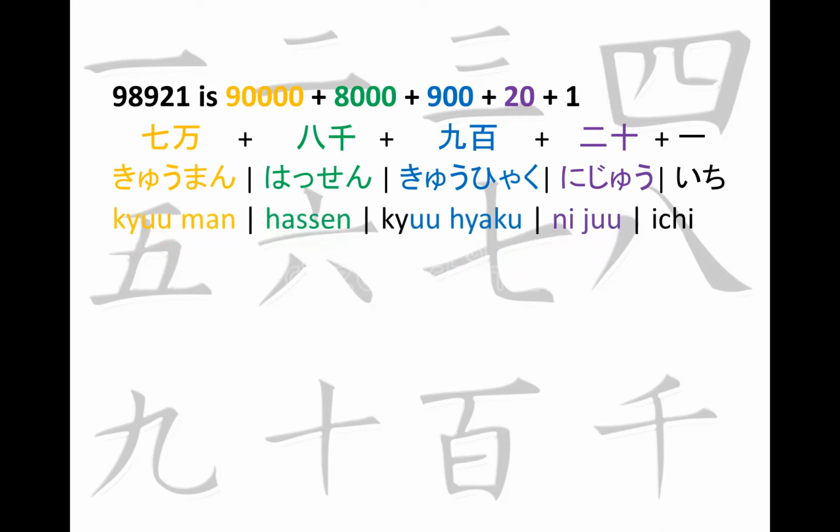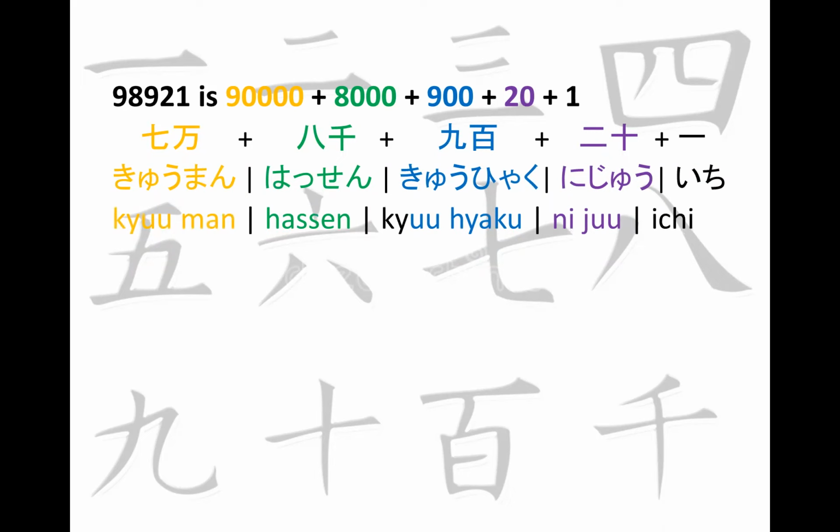So, kyuman or 10,000 for the 90,000, hassen for the 8,000, kyuhyaku for the 900, niju for the 20, and ichi for 1. So we have kyuman, hassen, kyuhyaku, niju, ichi.